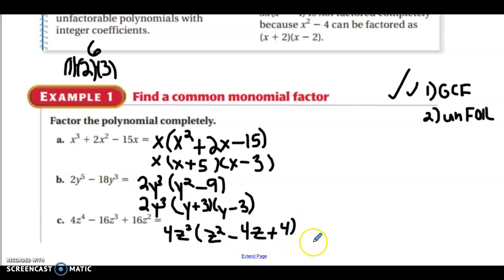And now again, I look, well, can I unfoil this? Are there two numbers that multiply to 4 and add to negative 4? Yes, there are, you betcha. Those two numbers are negative 2 and negative 2. So this would be z minus 2 times z minus 2.